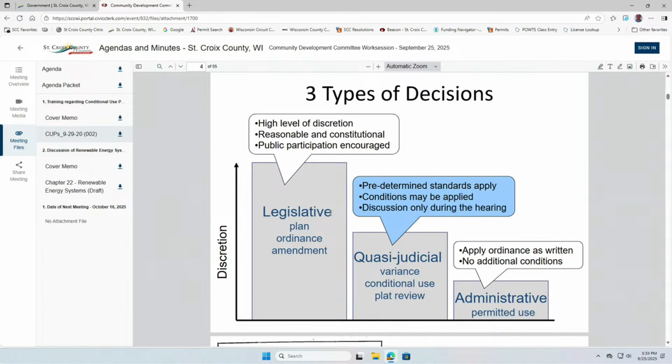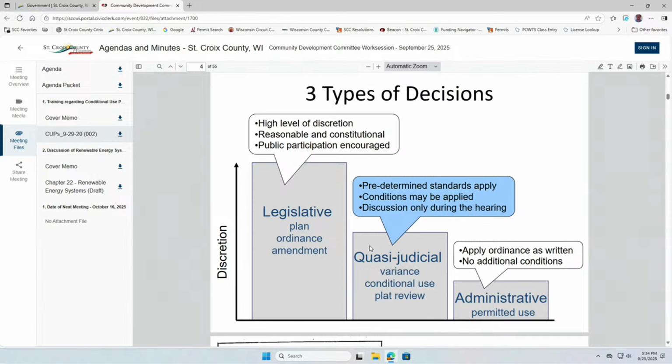Then when we talk about the different types of legislative levels, we have what the CDC does here, which is the ordinance development and the amendments to the ordinance. That would be the legislative side. The variance, conditional use, and plat reviews are the quasi-judicial side.